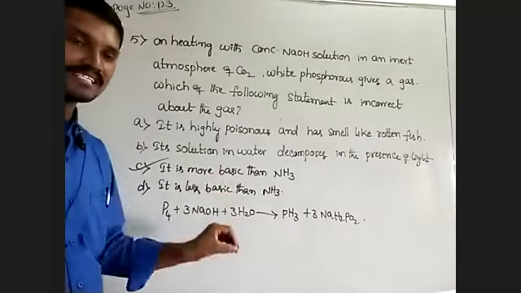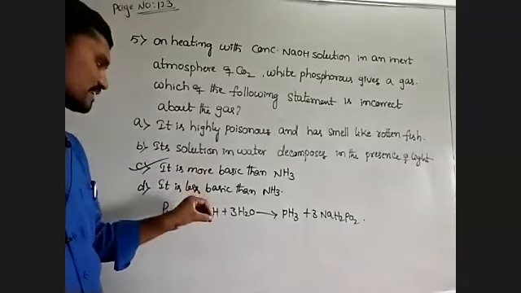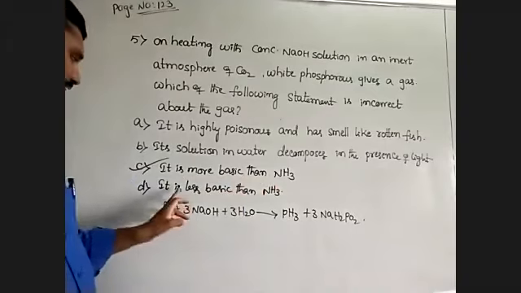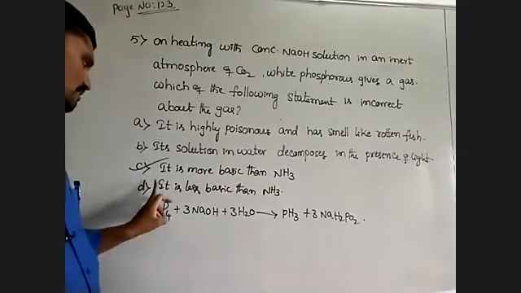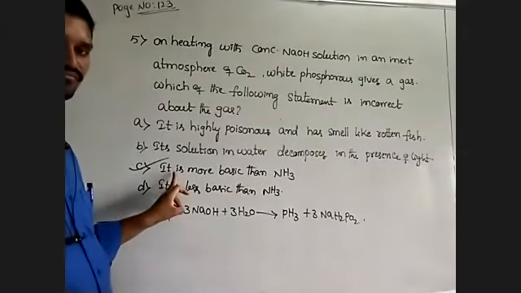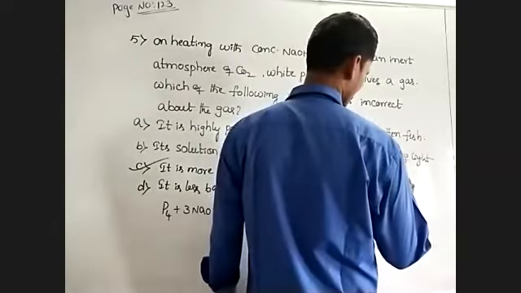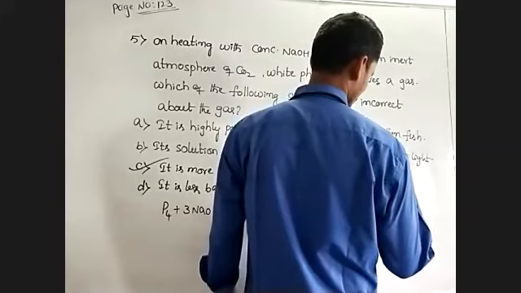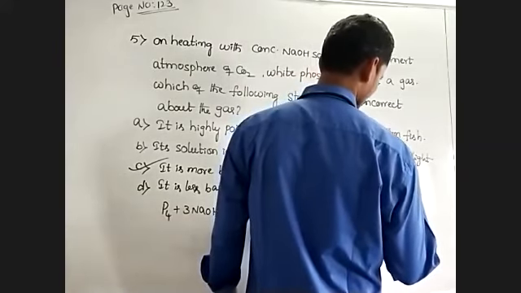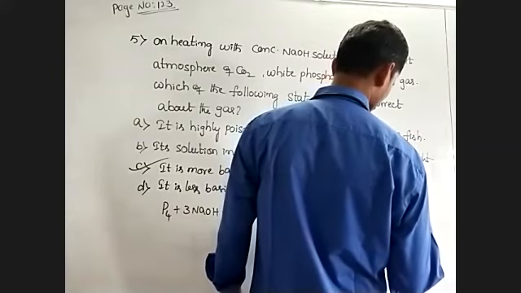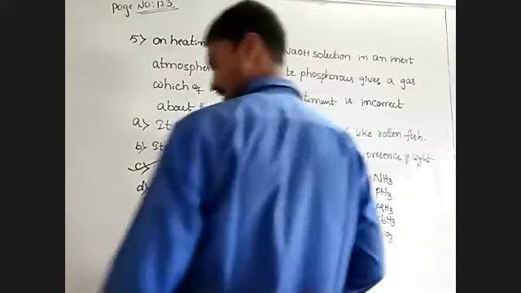Thinking about phosphine, the incorrect statement is this: it is more basic than ammonia. It is less basic than ammonia is the right one. Why? Generally from ammonia to bismuthine: ammonia, phosphine, arsine, stibine, bismuthine.